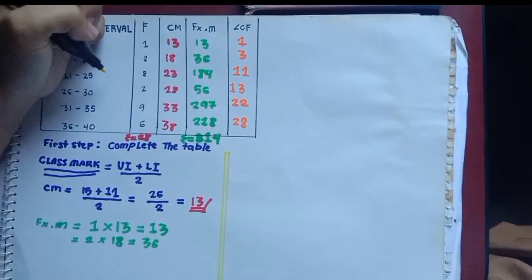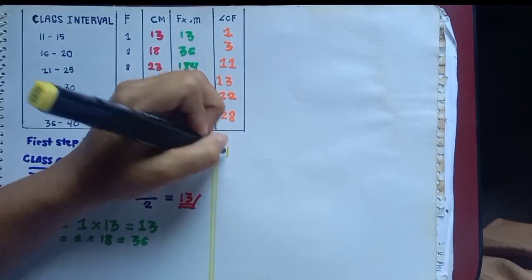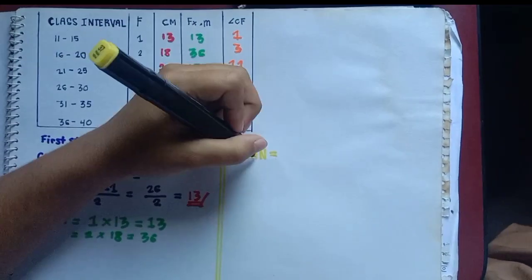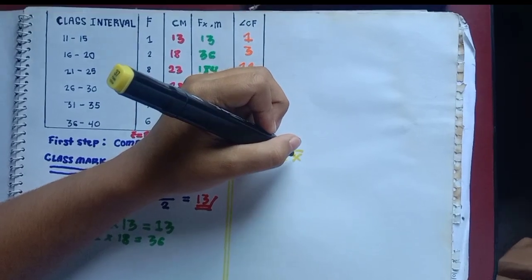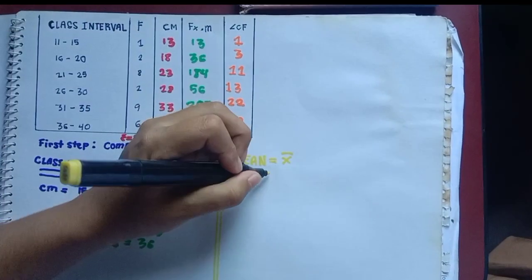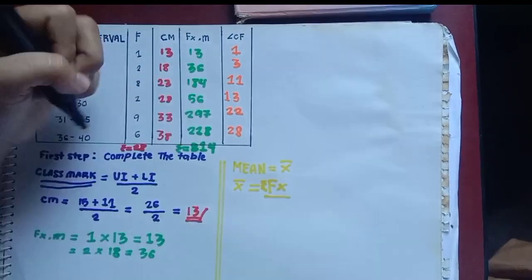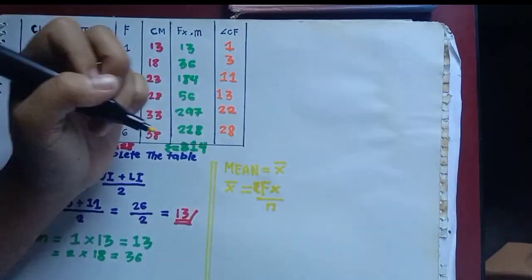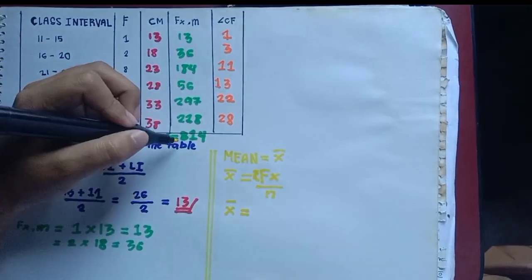Now that we have completed the table, we can now solve the mean of our grouped data. Mean will be equal to the overall total of fx divided by n, which is the overall total of our frequency.